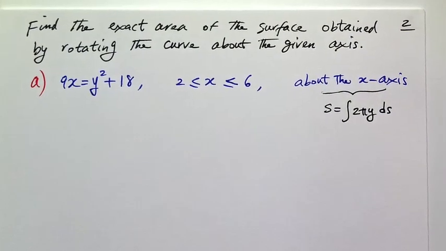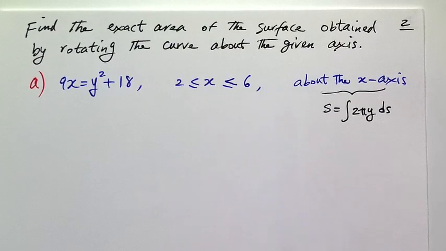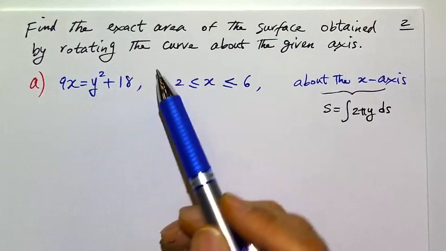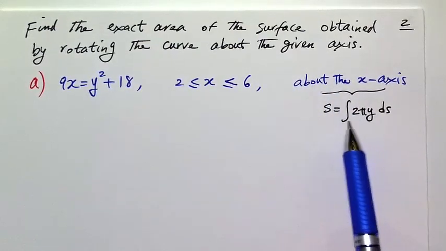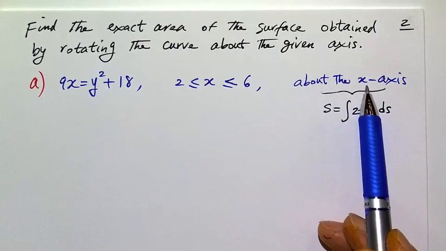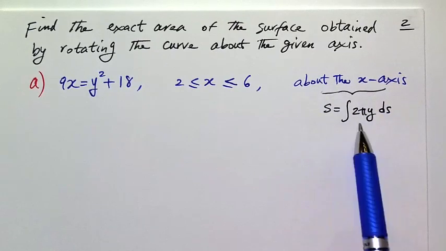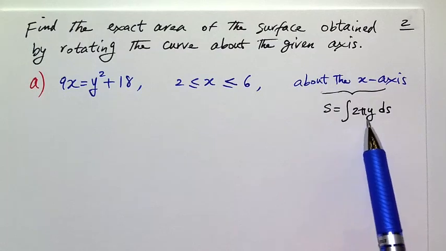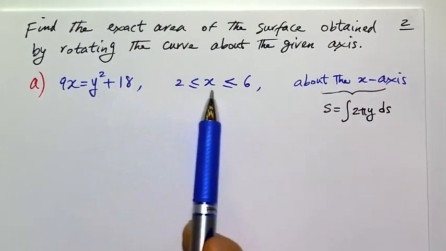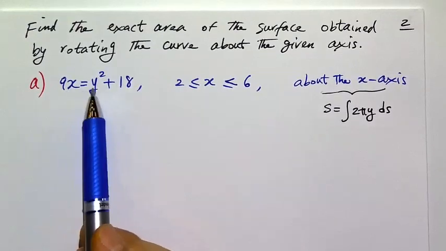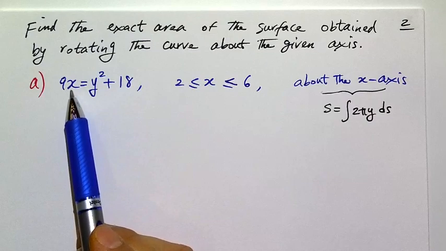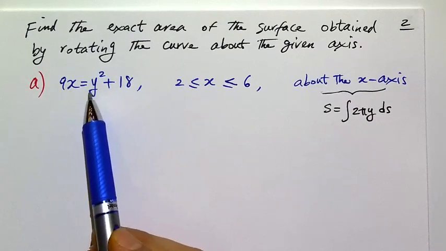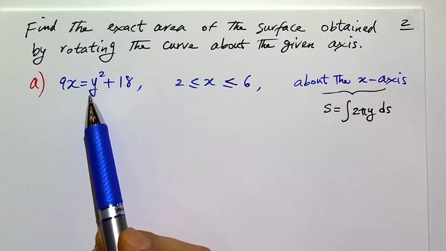So we want to find the exact area of the surface obtained by rotating this curve about the given axis. So about the x-axis, and I've already written down here, since the rotation is happening about the x-axis, this is our formula. Looking at what we've been given, if we're integrating with respect to the x variable, let's solve this equation for the y variable.